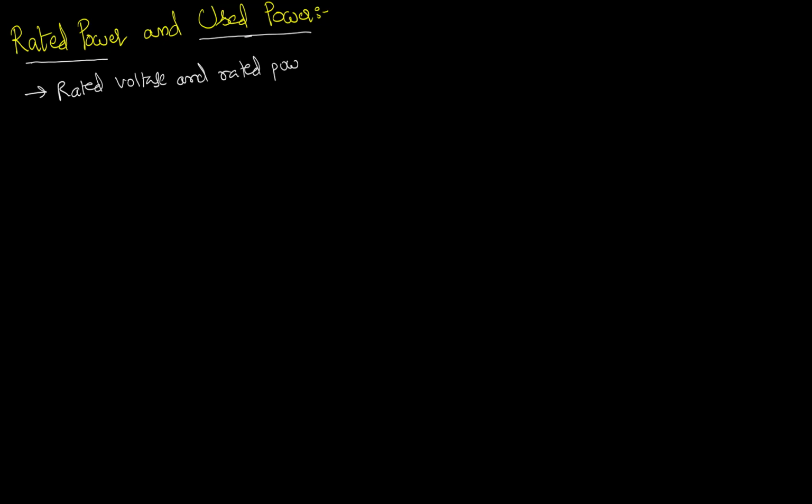This means that when you send that much voltage to the device, it will deliver that much power. So we can write a formula. Power can be written as energy by time, and energy is nothing but work done. Work done is equal to VQ, so power by time is equal to VI.